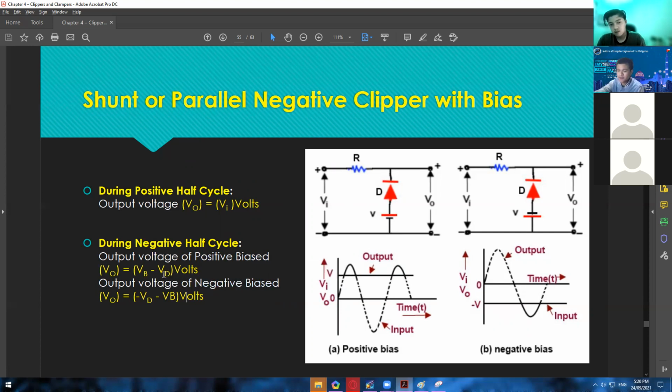So before, our VB was positive all throughout. But this time, we now have negative VB. And our VB is still based on our bias: positive bias, so it's positive; negative bias, that is why it's negative.